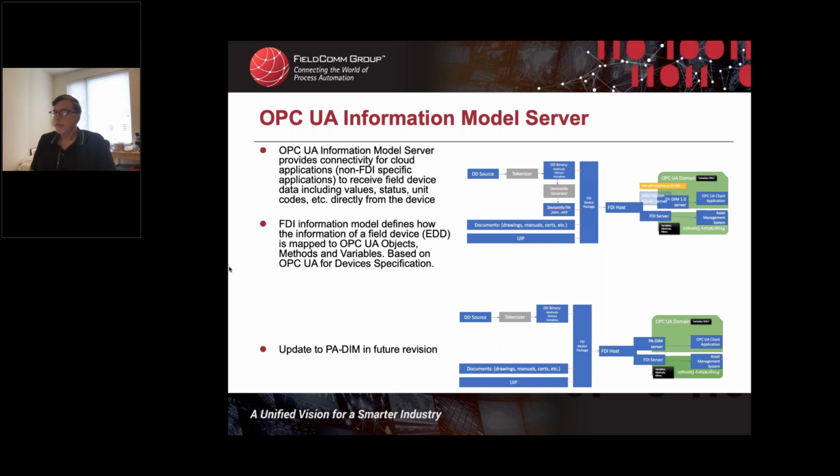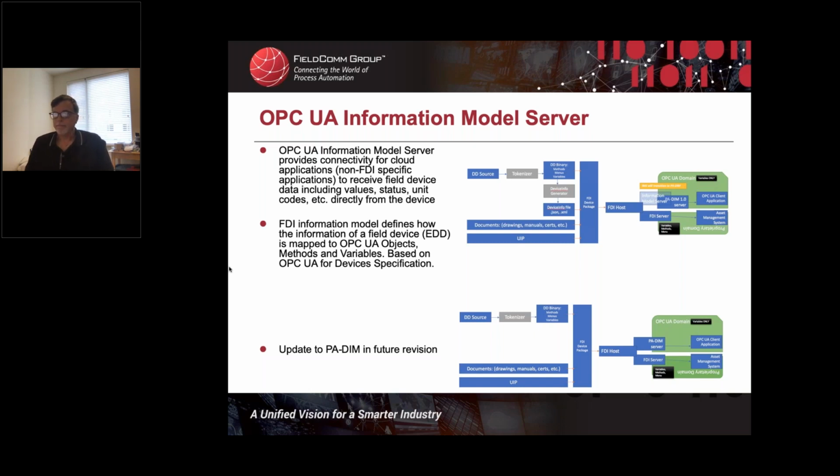So the outside application would connect to an FDI server that is using the OPC-UA information model and would be able to use local discovery services to browse through and find all of the content of the field device, and then read that information into cloud applications or other types of applications, monitoring tools or diagnostic tools that would then offer services that provide value from the data without needing the specific knowledge of the protocol or of FDI.